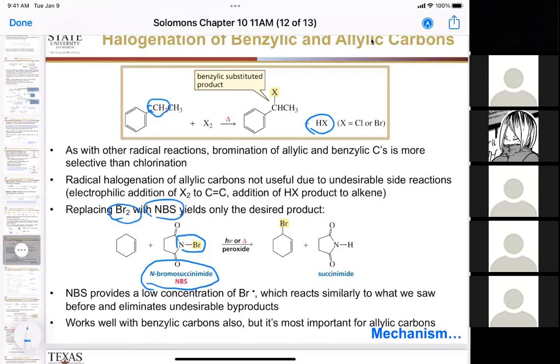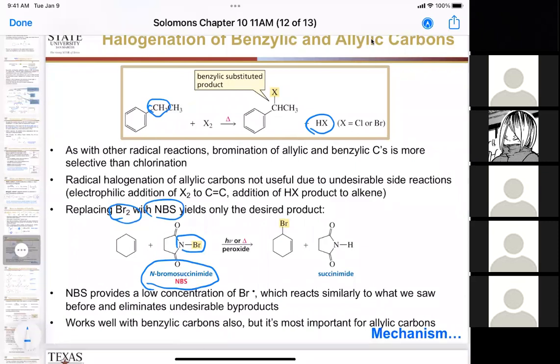Now look at the substrate we have: cyclohexene. We don't want to add bromine across that double bond. We want to preserve that double bond and do the allylic substitution. Fortunately, the allylic substitution is faster because it's more stable, but we don't want very much bromine around at all.